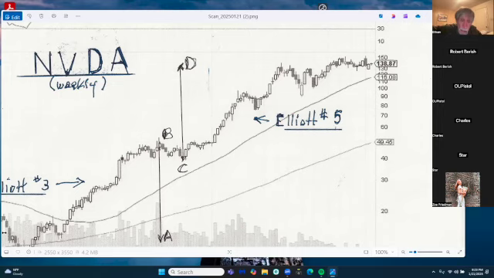If there is a half pullback, you can almost be assured that you'll get a move the length of that first move up. That gives you a target, at least sometimes, so you know where you want to get out and take your profit. Unless you get a really interesting situation like here that's going to run and run, and then you'll go back and catch it. But you can be pretty well assured you'll get your profit, and it'll probably pull back at that time.